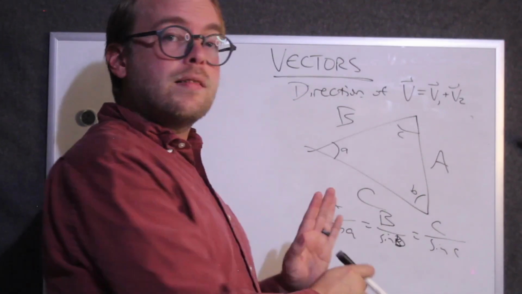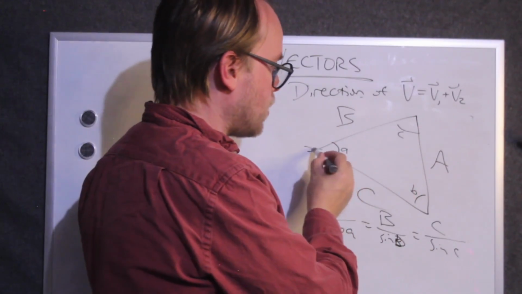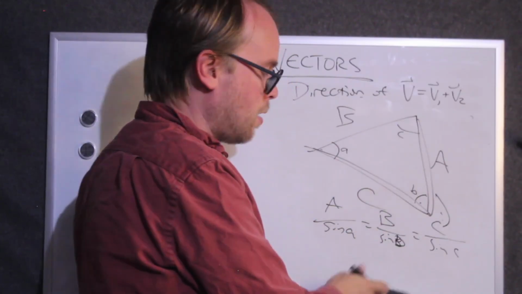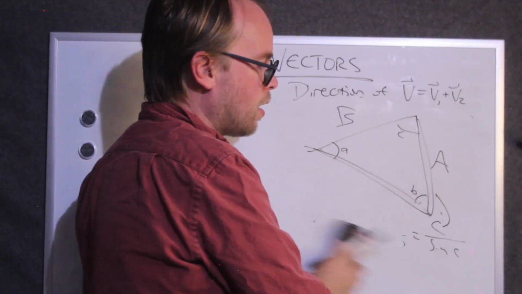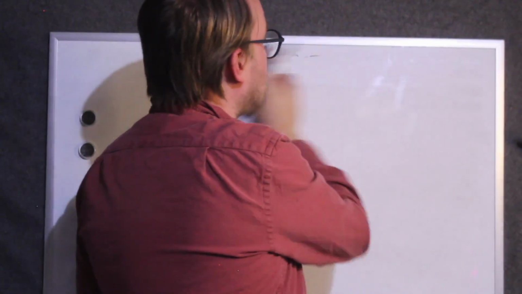It's just not the way it's presented for addition of vectors, because sometimes you get this, and this is the angle that you have, and you have to be careful with the angles when one's acute versus obtuse. So that's this part of this unit.